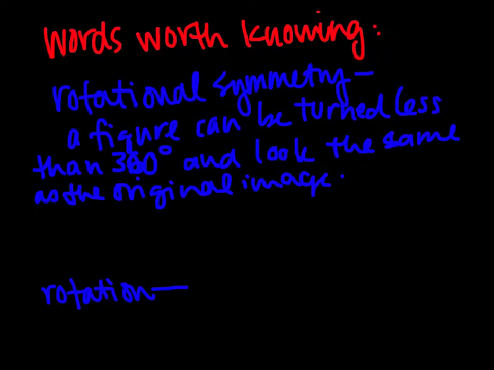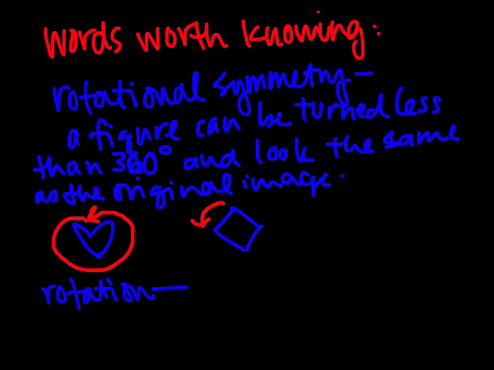So looking at, say, a heart, we'd have to rotate it all the way around 360 degrees for the heart to look the same. However, if we had a diamond, it's a possibility that we could rotate it just 90 degrees and have it look the same, or 90 degrees again, or another 90, or another 90. It could potentially have 4 rotational symmetries within it to make it look exactly the same.